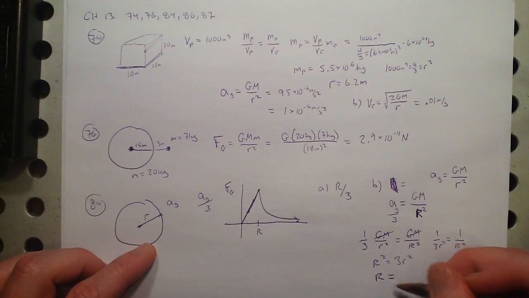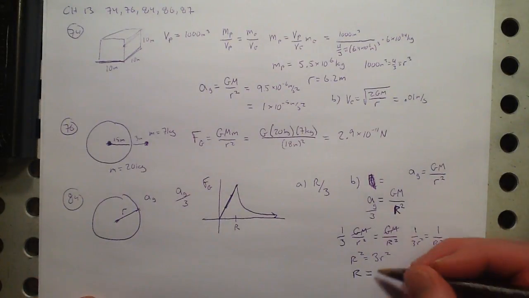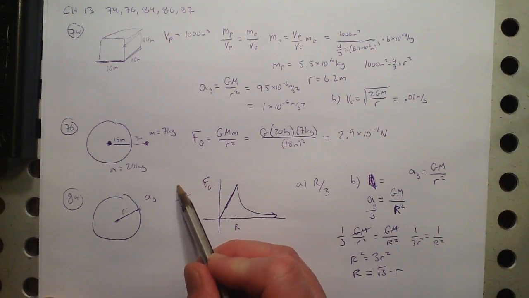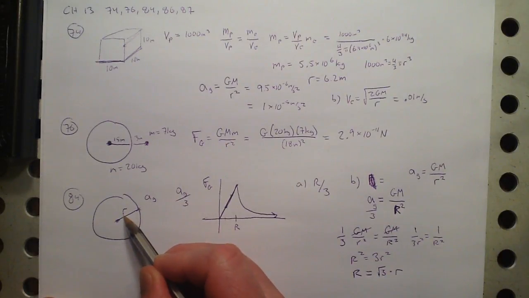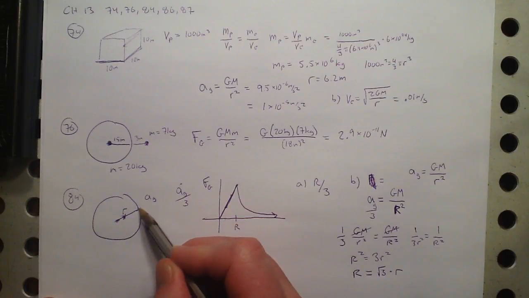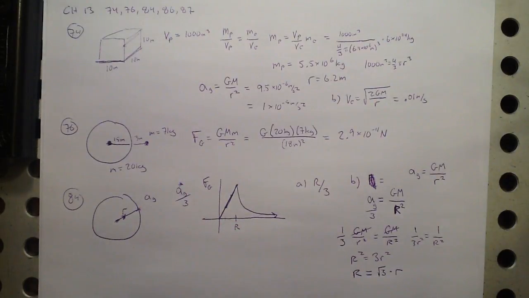So the radius where we're going to get the acceleration that we desire here, that's going to be the square root of 3 times that radius. So that's about 1.7. That'd be about out here. So there's a spot here, 1/3 of the way from the center, and there's another spot here. That's the square root of 3 times out here. Cool.